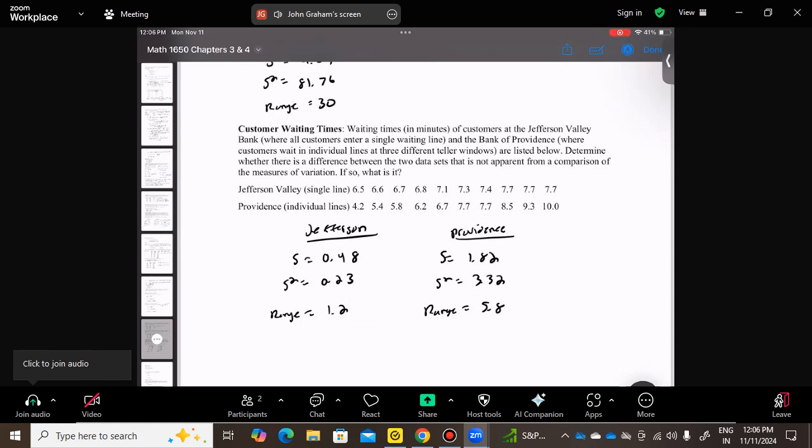Right, so the individual lines have the largest variation. That should be an A.